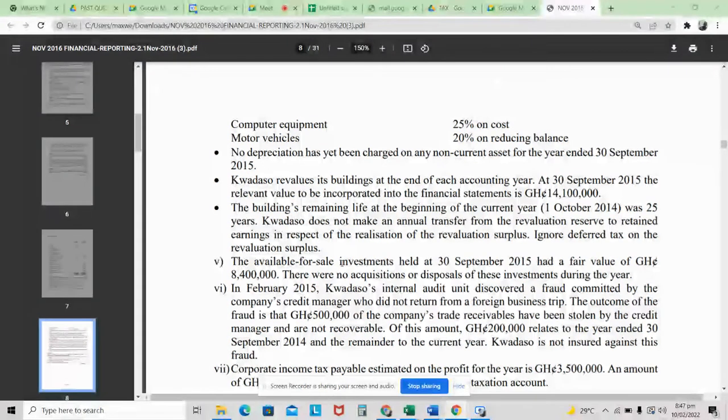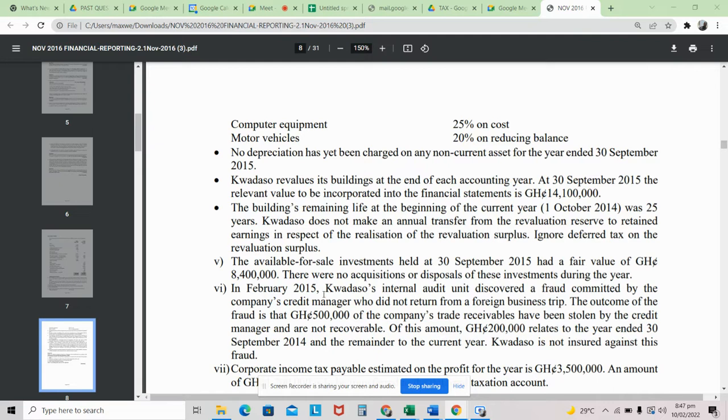The available for sale investments held at 30th September 2015 had a fair value of 8.4 million Ghana cedis. There were no acquisitions or disposals of those investments during the year.